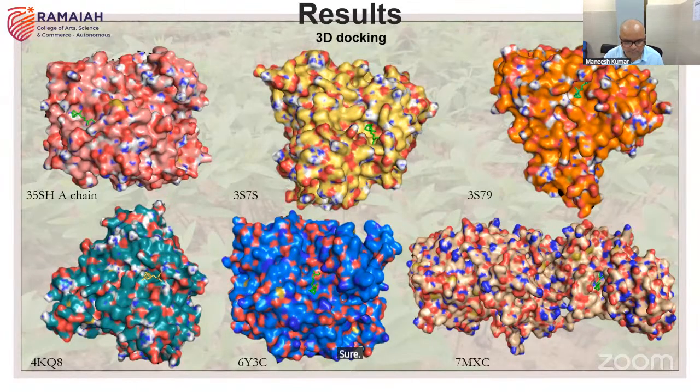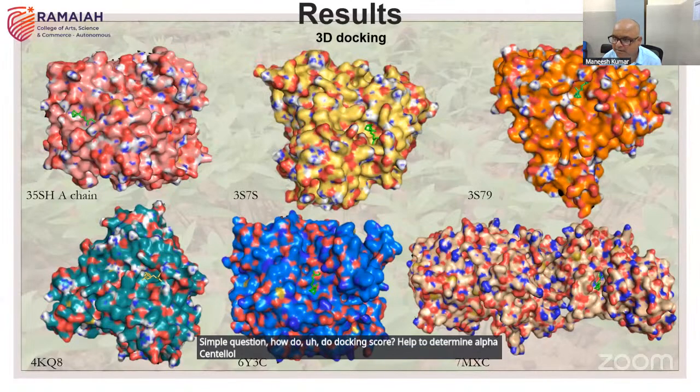The simple question: how does the docking score help to determine alpha santalol's potential as a therapeutic compound?